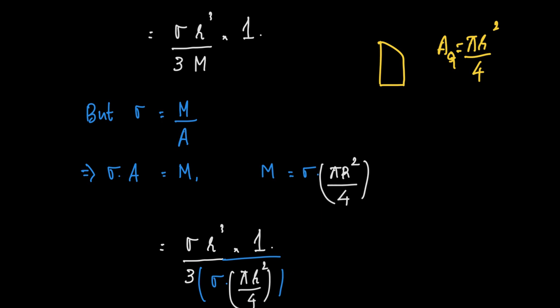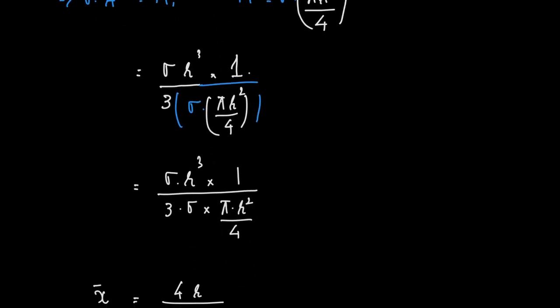If you introduce this m and replace it in this equation, what do we get? Sigma r cube into 1, the whole upon 3 into sigma pi r square by 4.